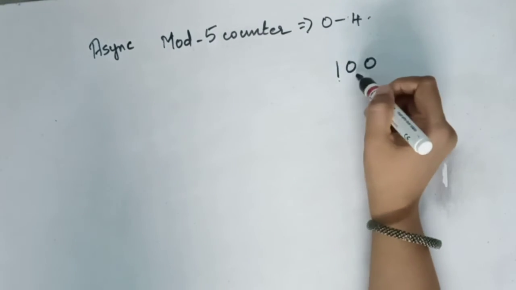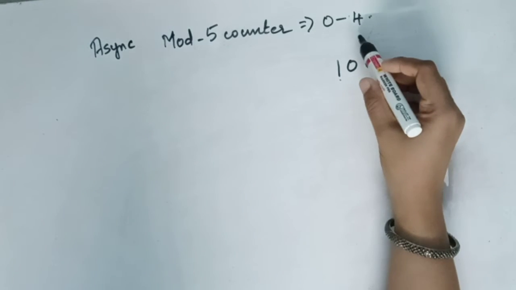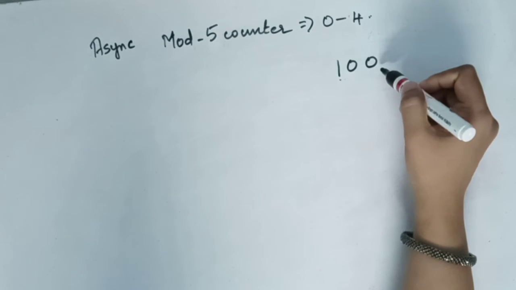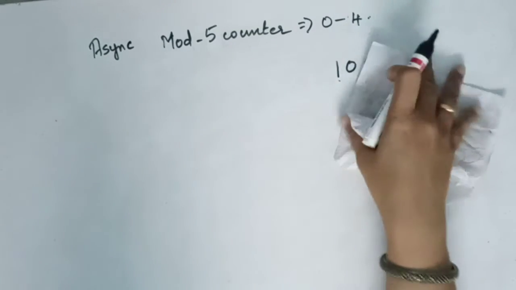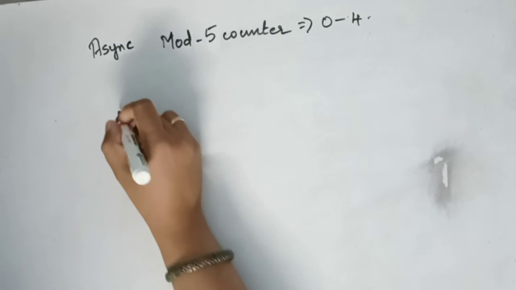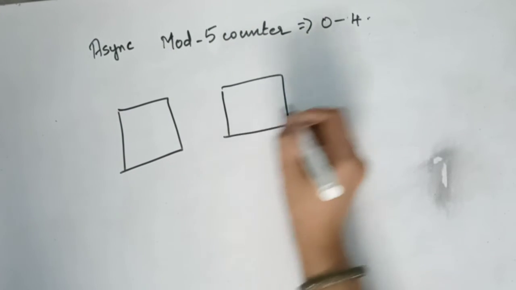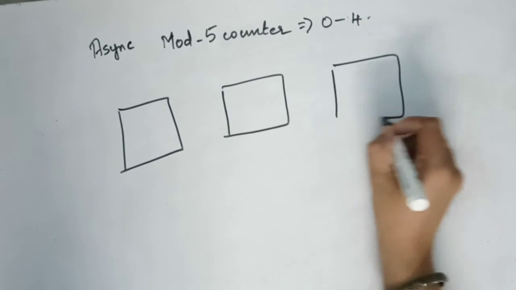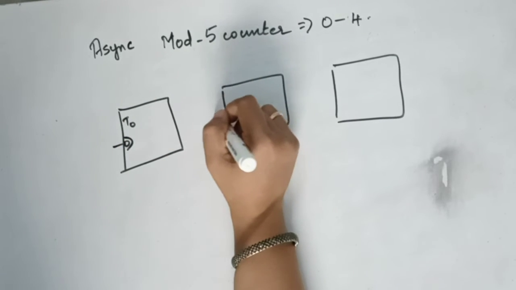So you need 3 flip-flops to display this. So just like any up counter, I'll set up an asynchronous up counter.